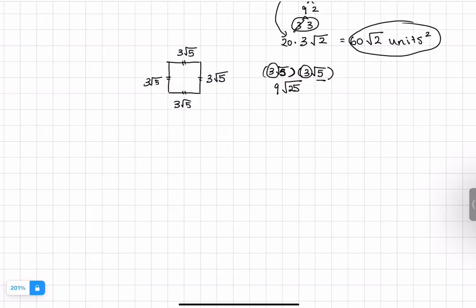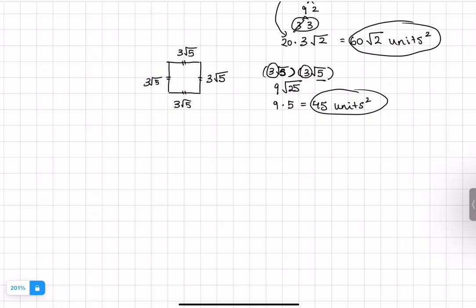Root 25 is a perfect square, so it comes out to be 9 times 5 equals 45 units squared. And that is our final answer.